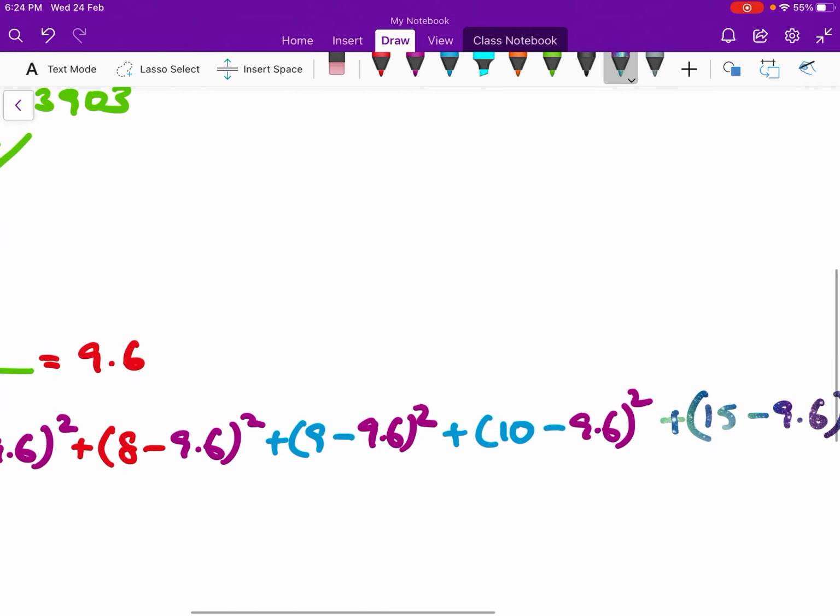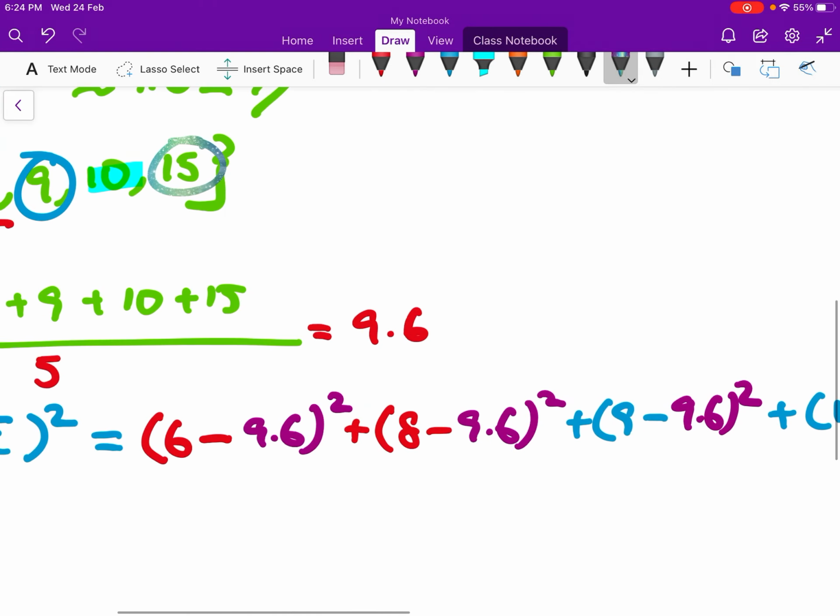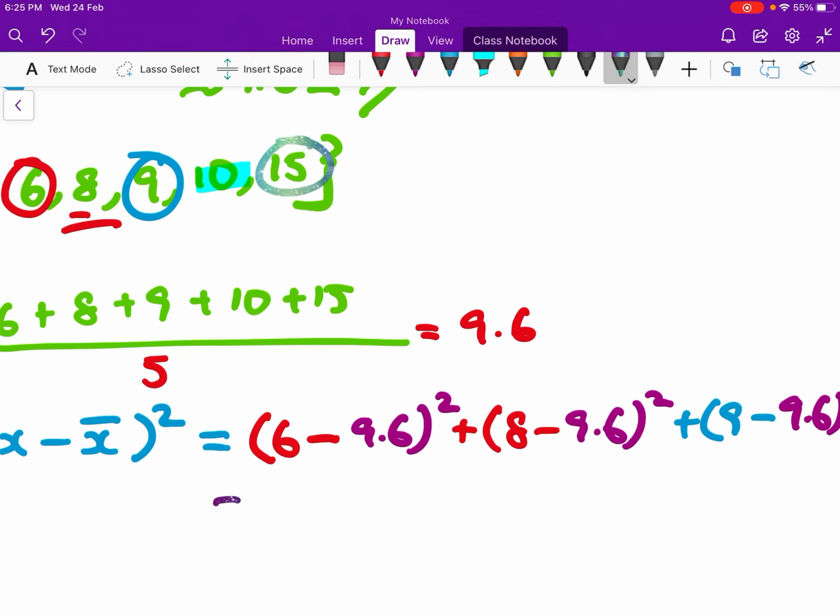So I should have five brackets. Let's calculate accordingly.